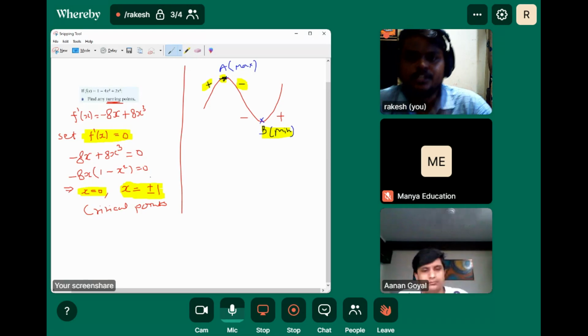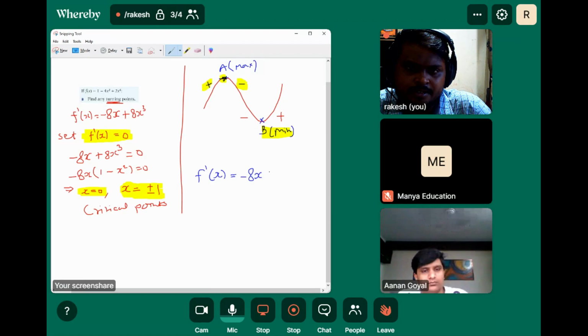Okay, so let's find out f dash x. What is f dash x? F dash x is minus 8x plus 8x cube. Right? So if I simplify this, it is 8x times 1 plus x, 1 minus x.